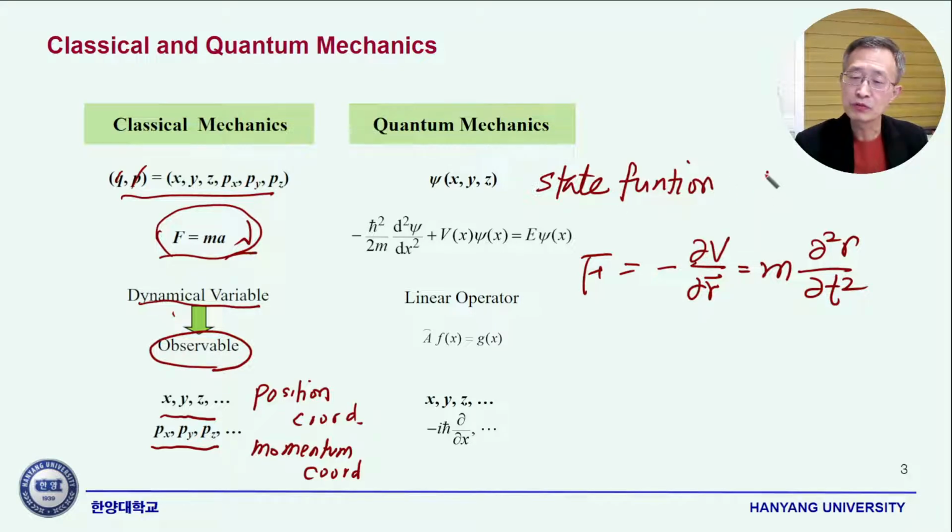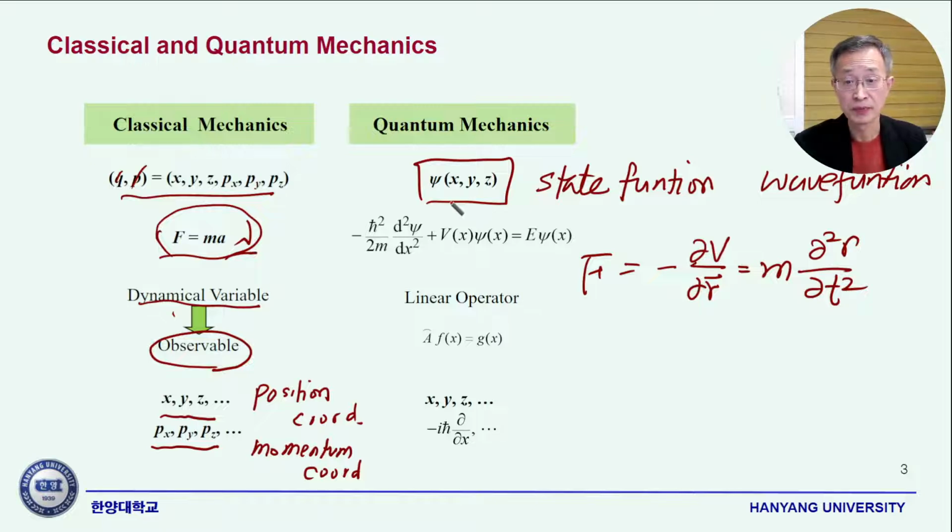That is the wave function. Like this, psi of x, y, z as a function of coordinate and time. In this case, we are dealing with the time-independent case, the time-independent wave function.